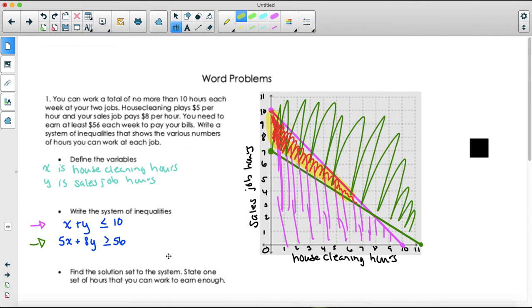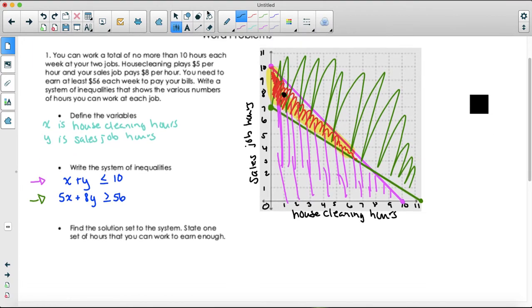So find the solution set to the system and state one set of hours that you can work to earn enough money. Any coordinate that is within this solution set would work. So let's find a coordinate. Let's go with here. That is 1, 8.